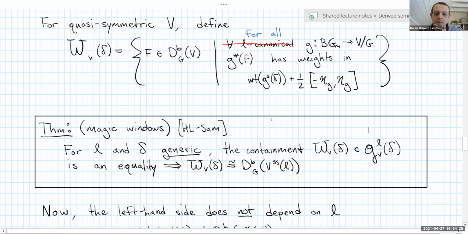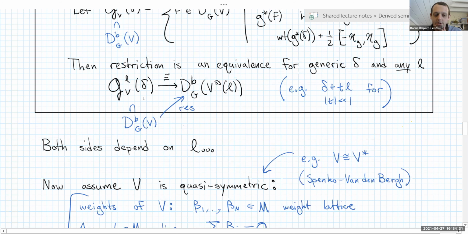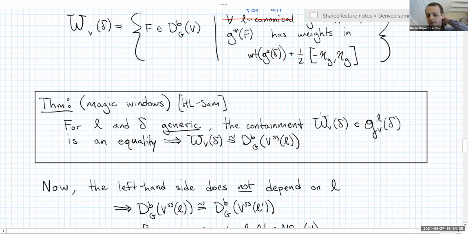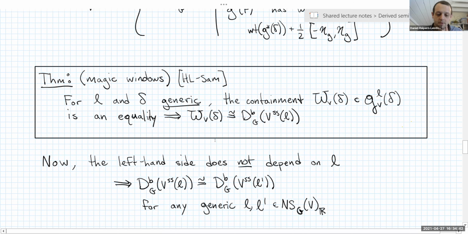In particular, if you combine this with the previous theorem, which says that this G category is always equivalent under restriction, that tells you that this W category, this magic window category, is also equivalent under restriction. So the left-hand side of this equivalence does not depend on L. What you end up with is derived equivalences for all possible generic GIT quotients.